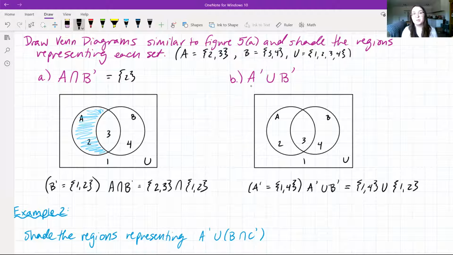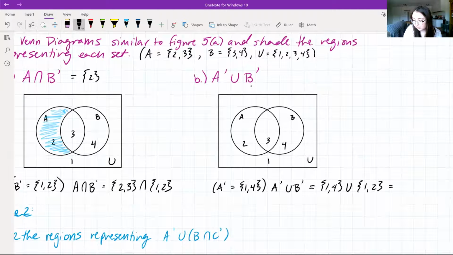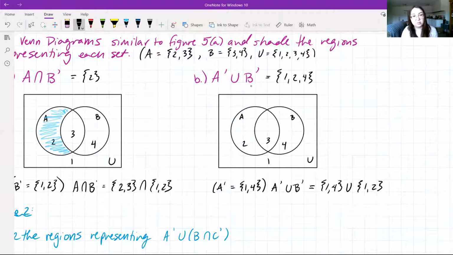And obviously we're not going to write the value that they share twice. So we end up getting the set of 1, 2, and 4, because those are the values that are in A and B and both. Because we see 1 is in both, 4 is in A complement, and 2 is in B complement. So now we have the set of 1, 2, and 4.